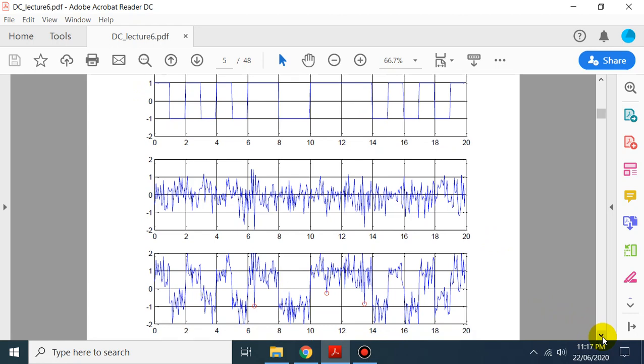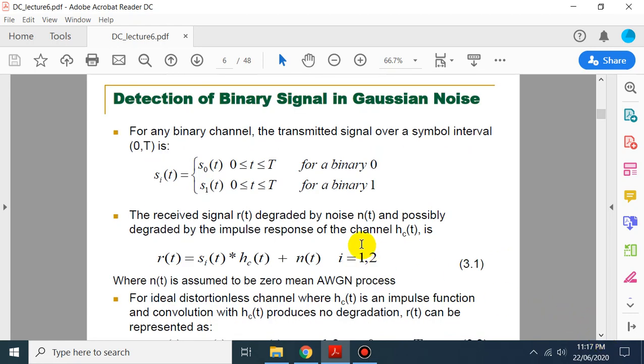Detection of a binary signal in Gaussian noise can be performed with an analysis.